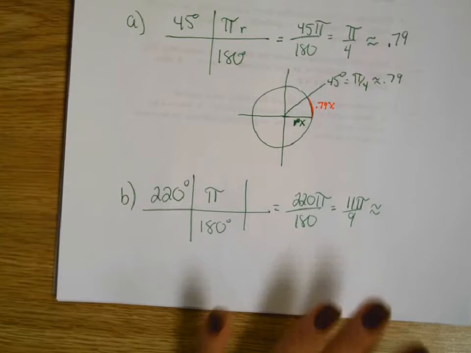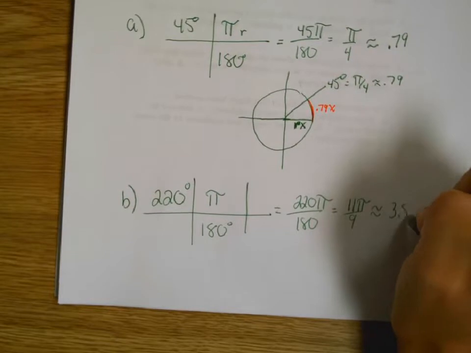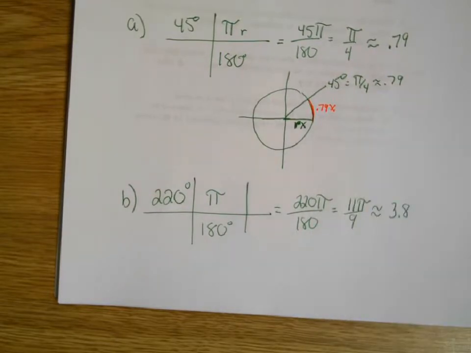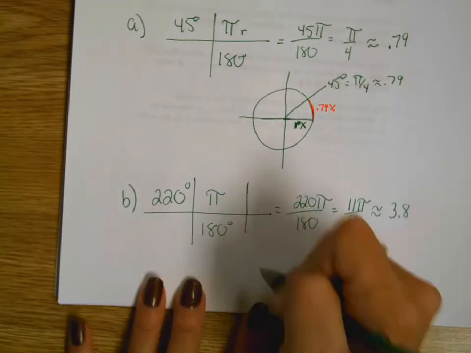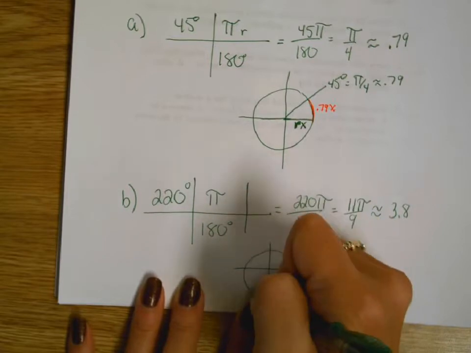As a decimal, we're going to multiply 11 times pi divided by 9. I got to times that by pi. About 3.8. So showing me what that means on the circle.